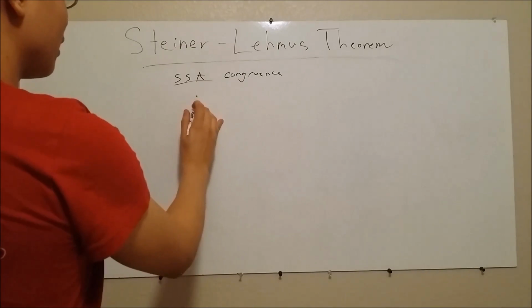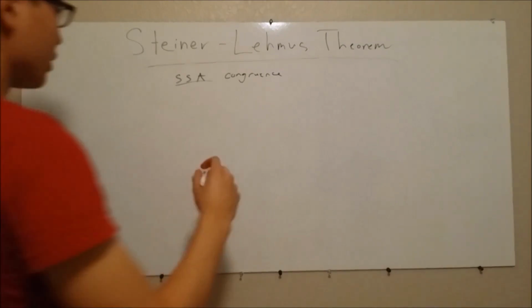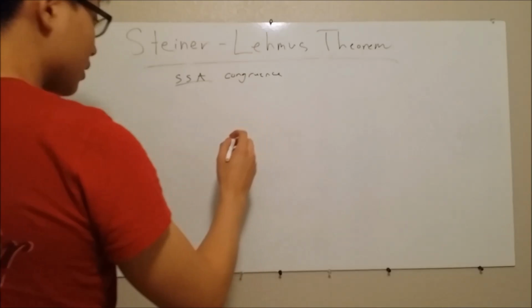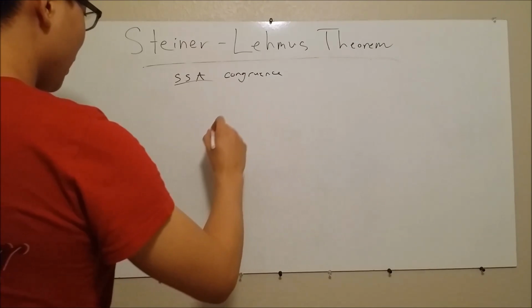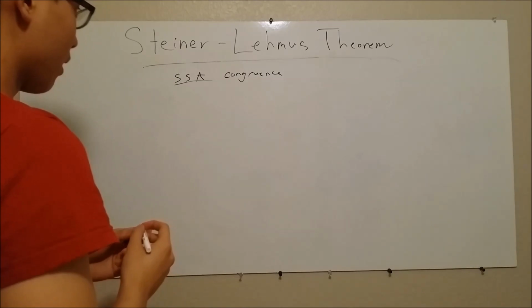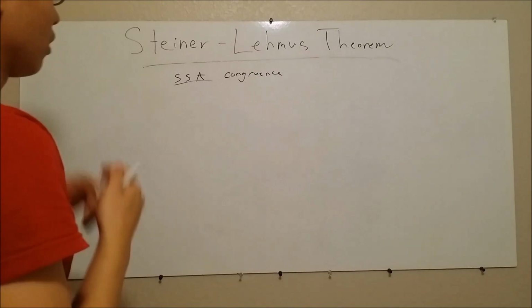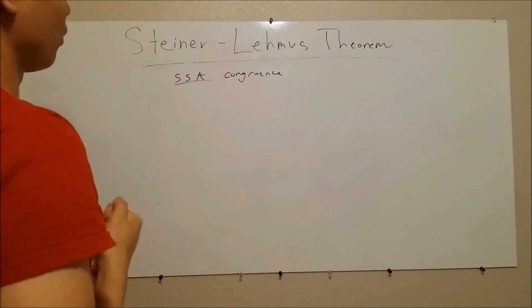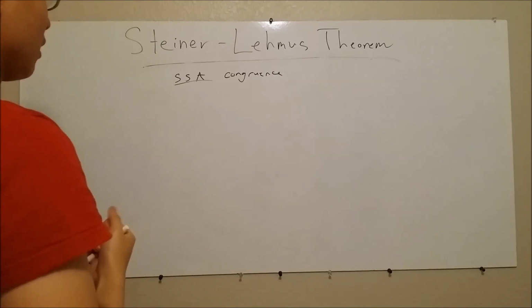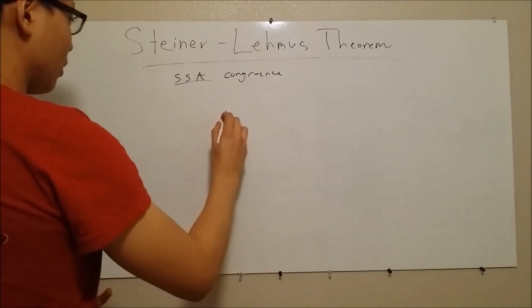And some of you may have learned that side-side-angle is not a valid category for the congruency of triangles, and that's quite true. But what I'm going to demonstrate here is that there are a limited number of triangles that you can make with two sides and one angle that are fixed. And specifically, there are actually only two.